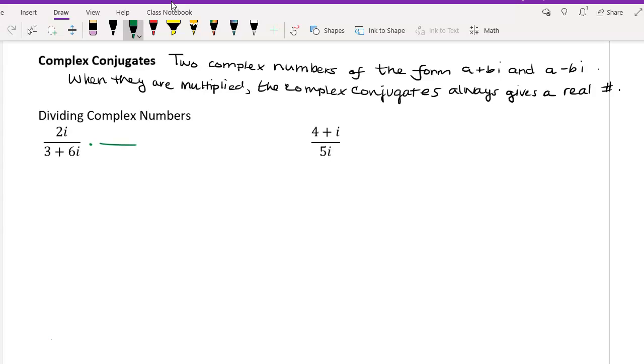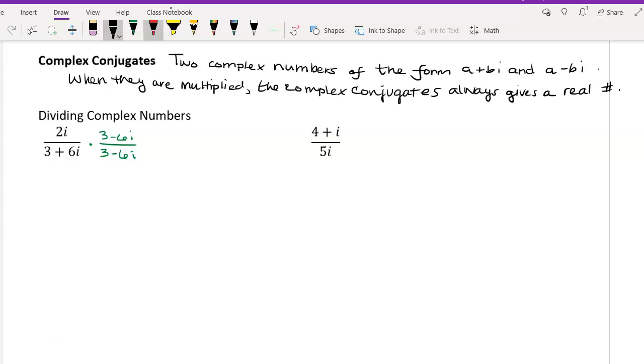So the complex conjugate of 3 plus 6i is 3 minus 6i. If I am multiplying my denominator by 3 minus 6i, I need to multiply my numerator by 3 minus 6i, just to keep it equivalent. And in reality, all I'm really doing is multiplying by 1, because when I have the same number on top as bottom, it simplifies to 1.